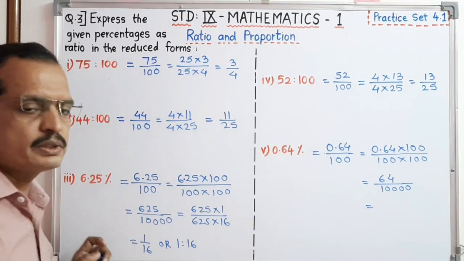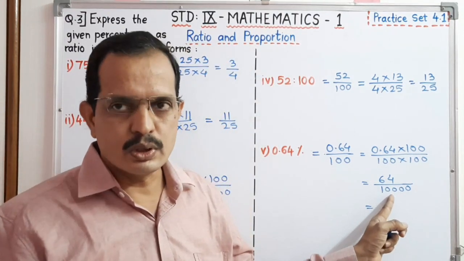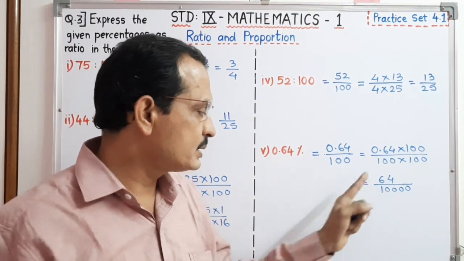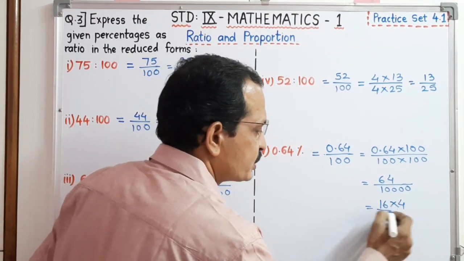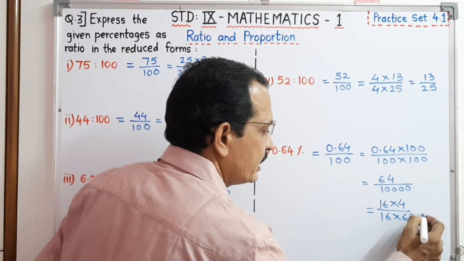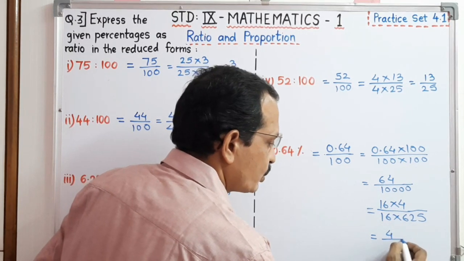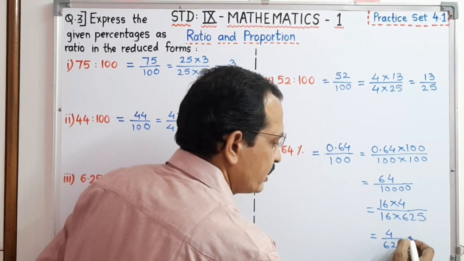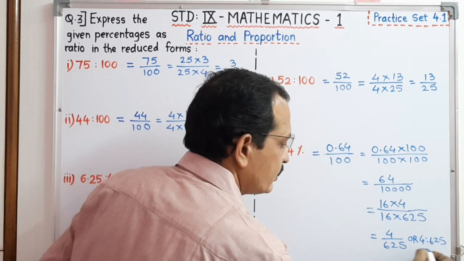Got it? Now dear student, see here, 16 4s are 64 and this is 16 into 625. This 16 gets cancelled, it is 4 upon 625, or we can write 4:625.